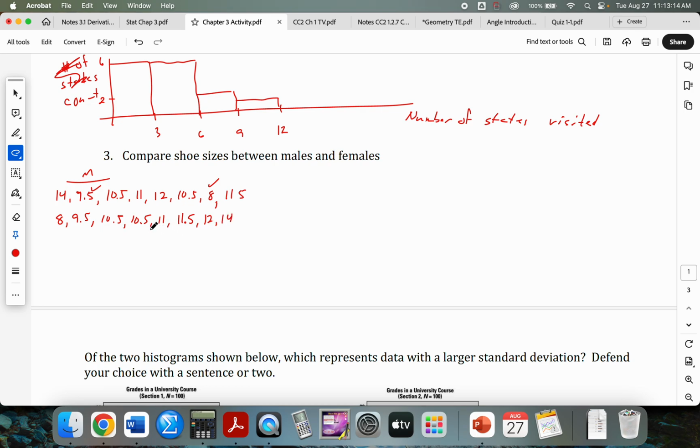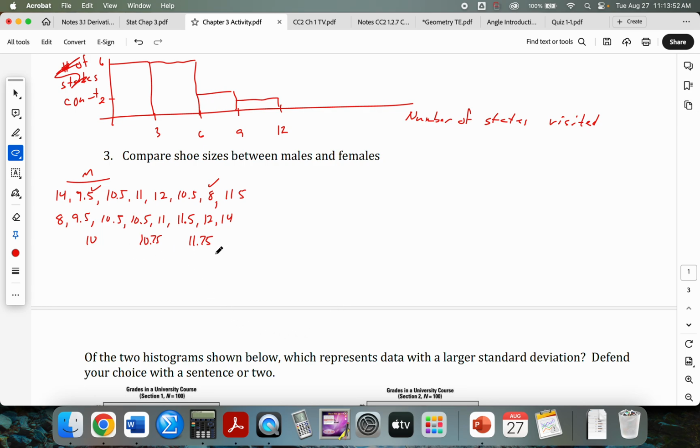All right, so then the median would be halfway between 10.5 and 11, so that'll be 10.75. And then we've got 4 below and 4 above. Q1 would be 10, and Q3 would be halfway between 11.5 and 12, which is 11.75. We could check to see if there are any outliers, but there might be.